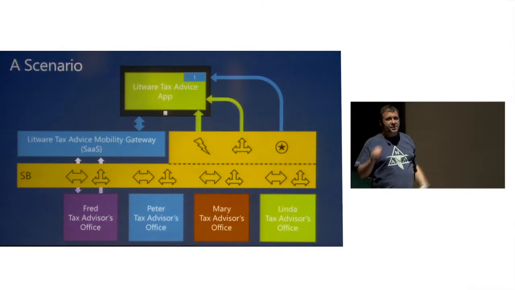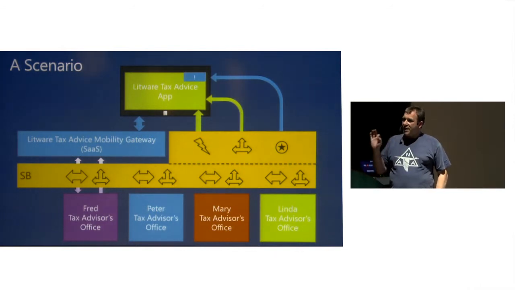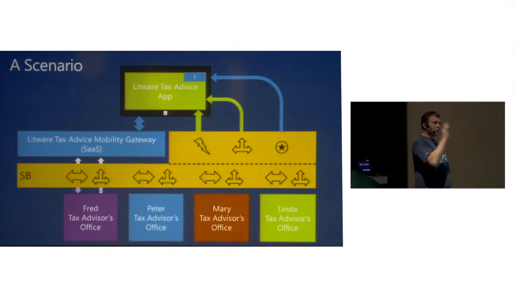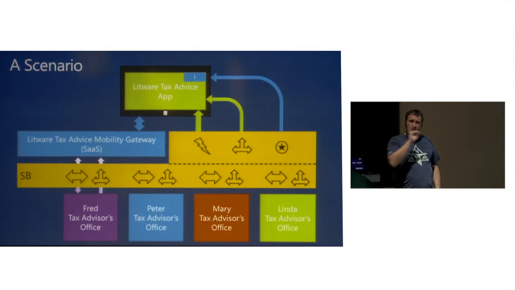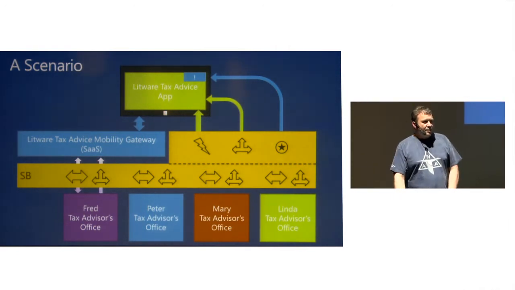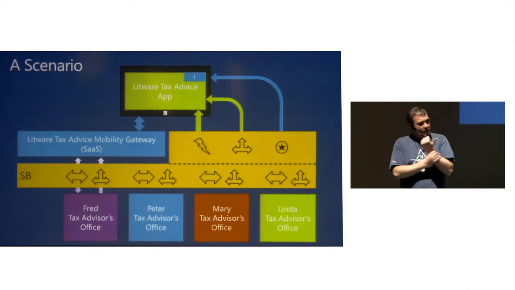So we see this as a pattern already, that we have a number of ISVs providing SaaS solutions which are doing exactly this pattern for various different verticals. So there's Fred's tax advisor's office, Peter, Mary, and Linda. All of them have tax advisor offices. They are using Litware's software to run their tax advisor office.